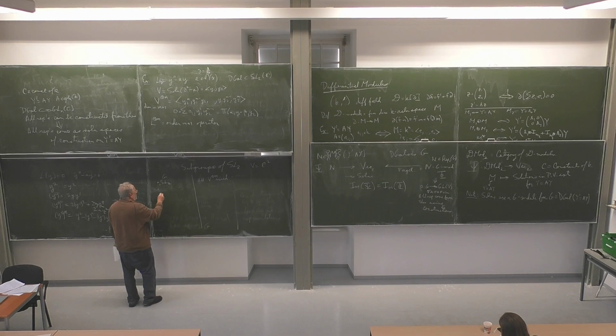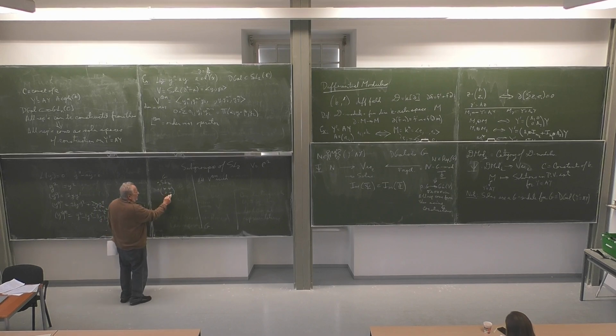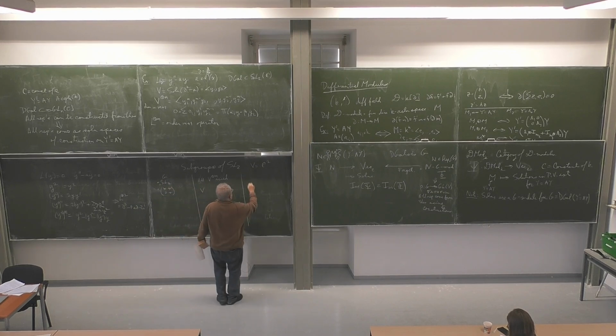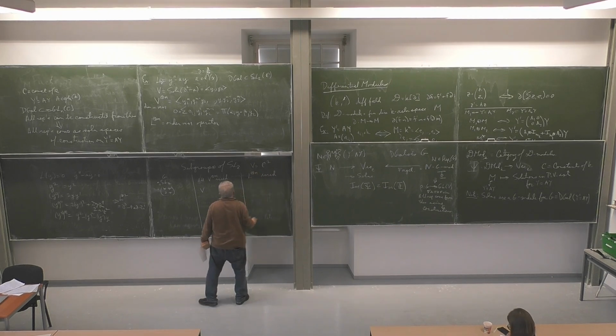Now, what are the subgroups? We can have a group that's conjugate to a triangular group. And there's going to be an invariant subspace. So V, oh, by the way, let me say what the consequence is. All of these guys are irreducible.